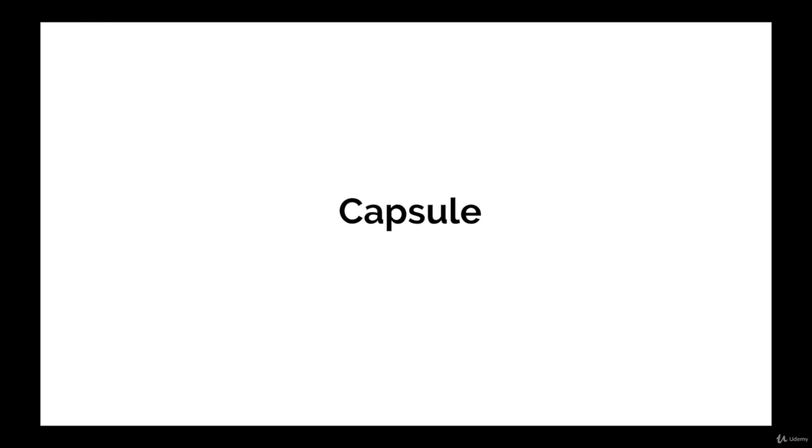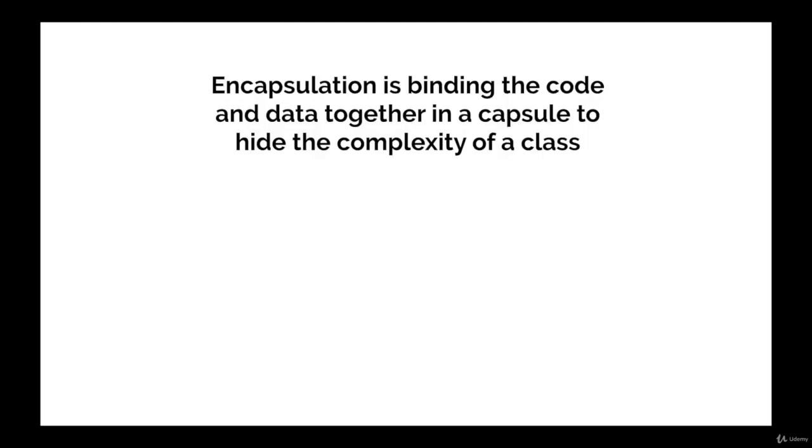Encapsulation, in a similar way, is binding the code and data together in a capsule to hide the complexity of the class. In this example, the class Account does the job of encapsulating the data members and the method into a single unit.